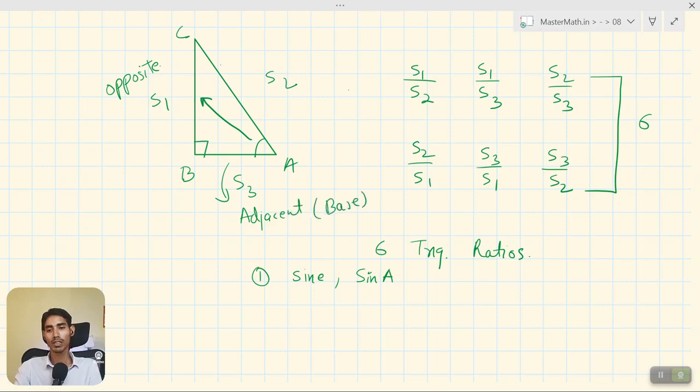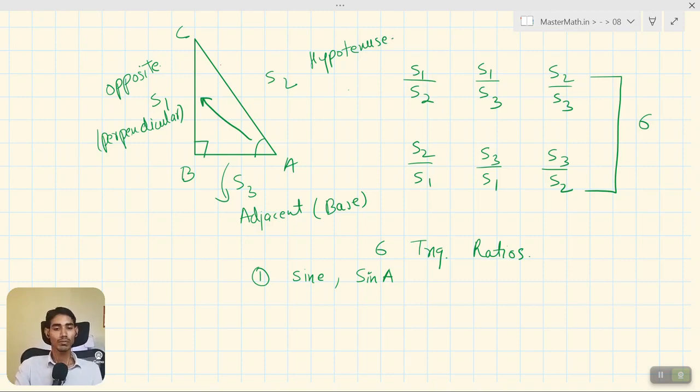Sometimes I might use base and perpendicular for this also. So just remember, first mark the angle. If we had selected C, then AB would have been our opposite. We have selected A here, so this is our selected angle, opposite would be BC, adjacent would be AB, and S2 is the longest side, which is the hypotenuse. Probably everyone is aware of this.